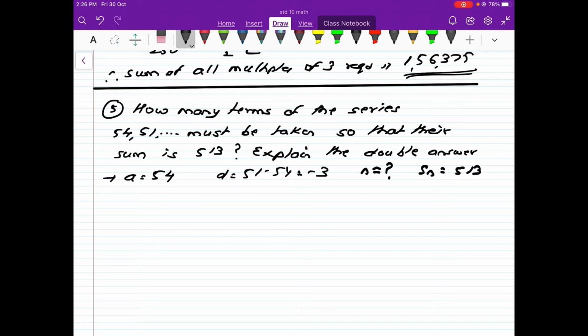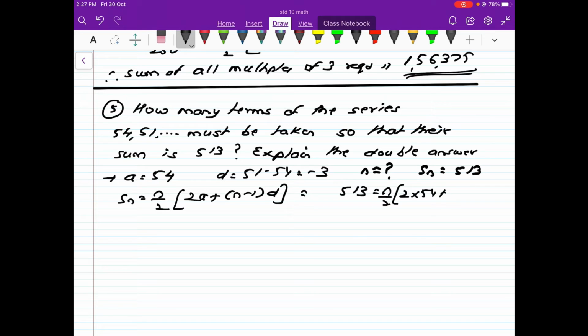So we will just put it in the formula. Sn is equal to n by 2 into 2a plus n minus 1 into d. So 513 is equal to n by 2 into 2 into 54 plus n minus 1 into minus 3, because d is minus 3.